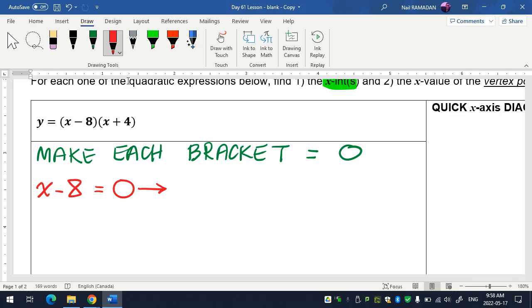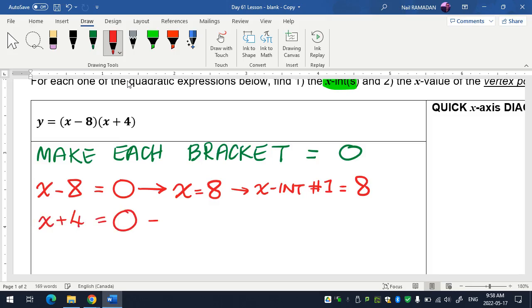Because it's minus here, it becomes plus. So x equals 8. Perfect. So that means x-int number 1 equals 8. Nice. Let's do the same thing to the second one. What's my second bracket? x plus 4 equals 0, which means x is equal to what? Negative 4.